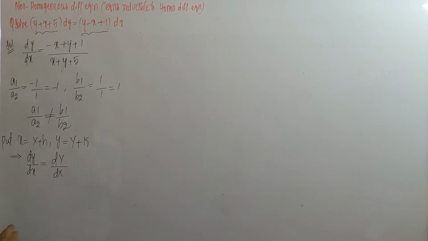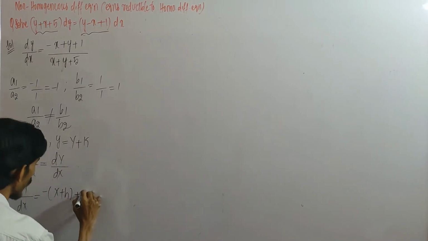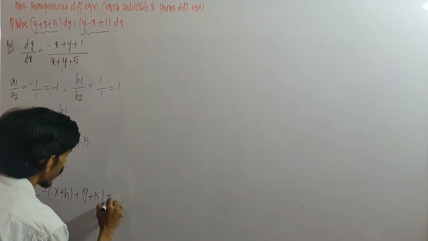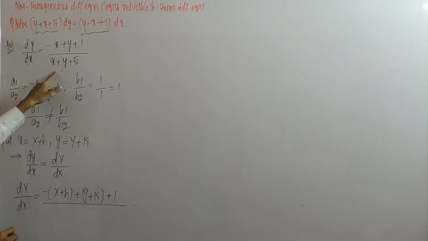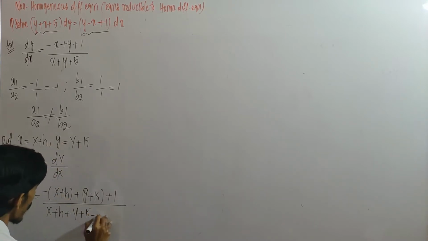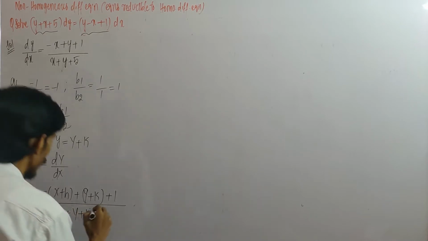Now this will become dY/dX = (-(X + h) + (Y + k) + 1)/((X + h) + (Y + k) + 5).